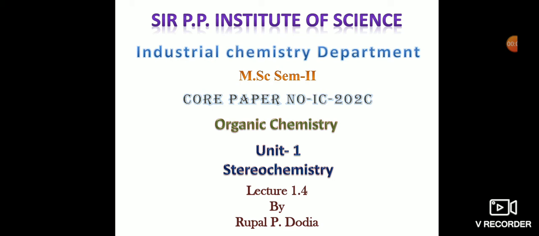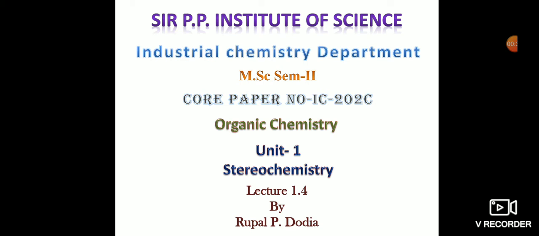Today we are going to discuss unit number 1, stereochemistry, paper number 202, and the paper title is organic chemistry. This is the unit of organic chemistry, and earlier we have discussed many points like conformations of ethane, propane, and butane.